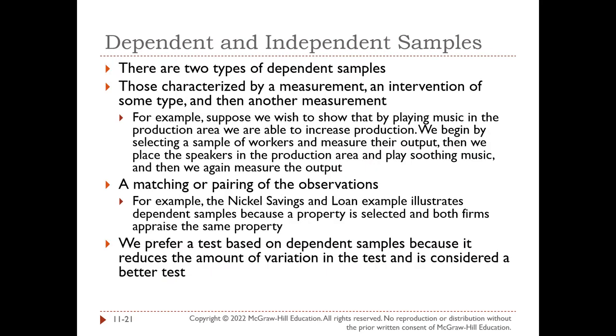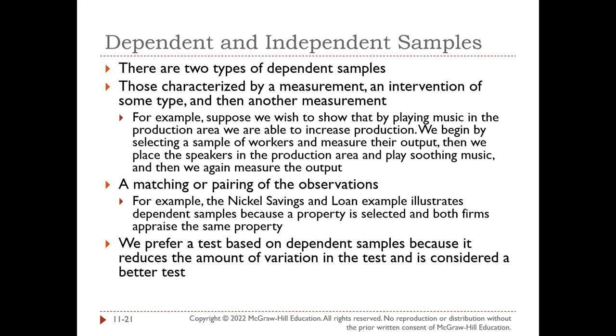Okay, so dependent and independent samples. There are two types of dependent samples. The first type is sometimes referred to as the before and after study. In our example with Nickel Savings and Loan, we assumed we had two independent samples of real estate rather than dependent samples.